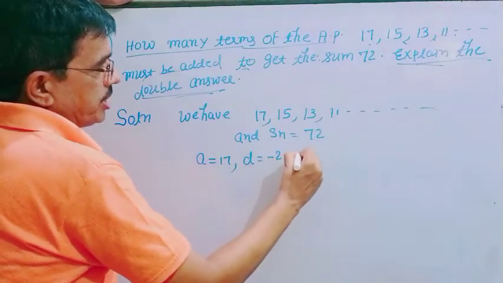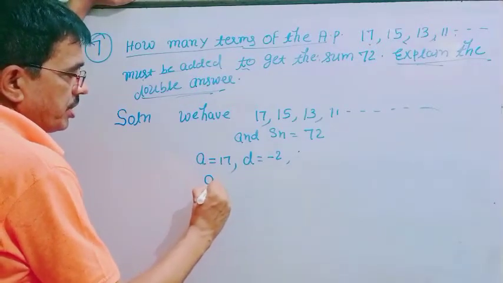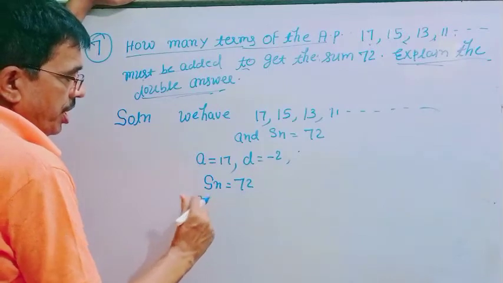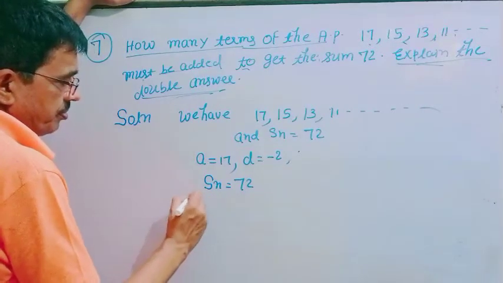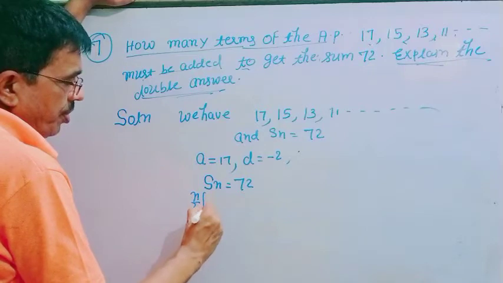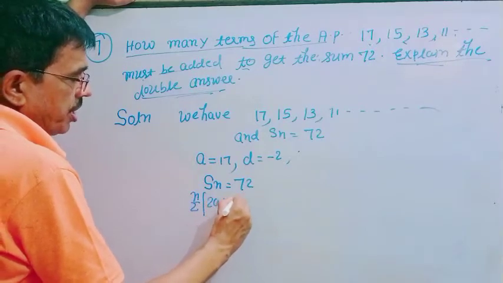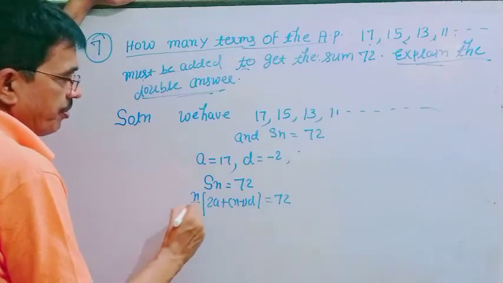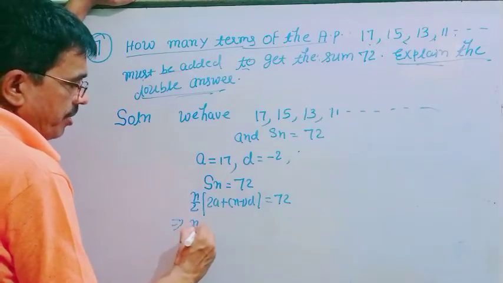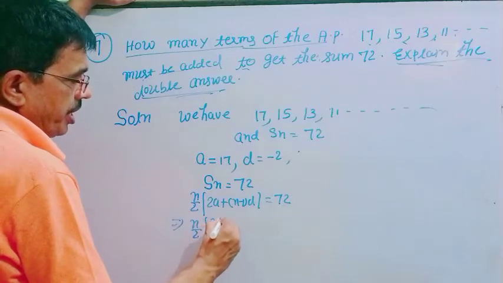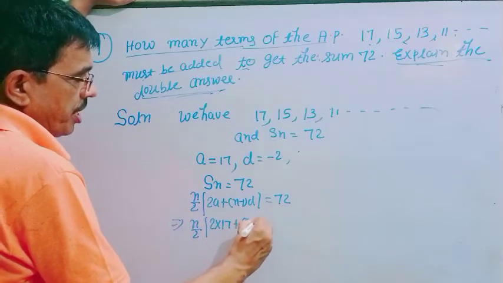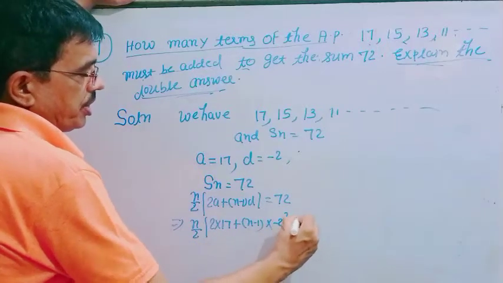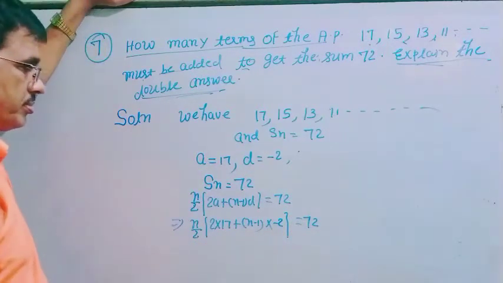And Sn is 72. Now use Sn: n by 2 into 2a plus n minus 1 into d is equal to 72. Then what is n? Not given here. n by 2 into 2a, a is 17, plus n minus 1, and d is minus 2, is equal to 72.